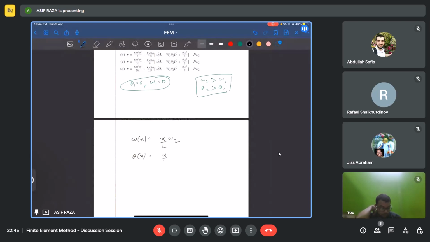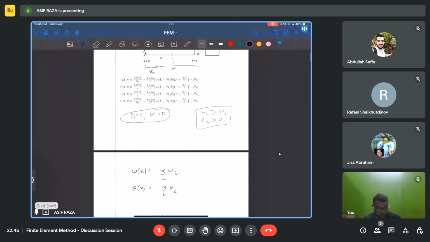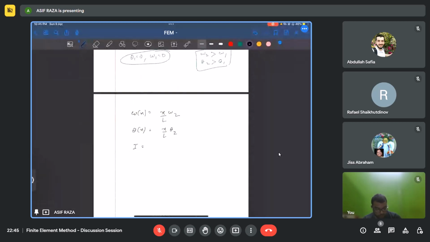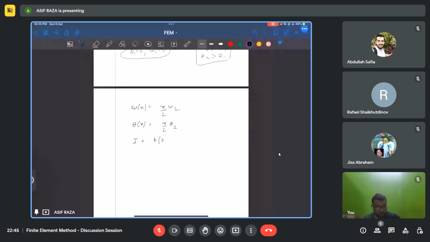So this is a linear polynomial approximation. Now, what will be my second moment of inertia? It's b by 12 times, with width b and depth 2h, 2h cubed, which is 8bh cubed by 12.